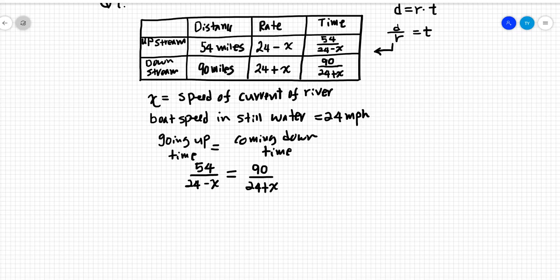So we're going to multiply both sides by 24 minus x times 24 plus x. And now we're going to multiply this to the entire equation. So you got 54 over 24 minus x equals 90 over 24 plus x.